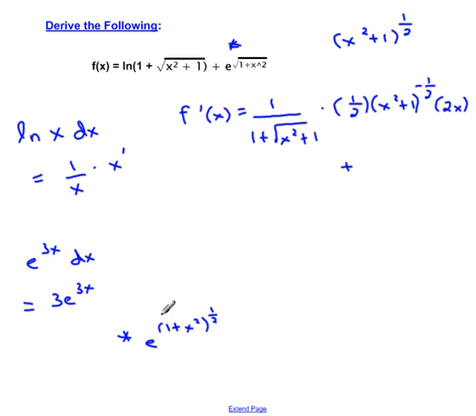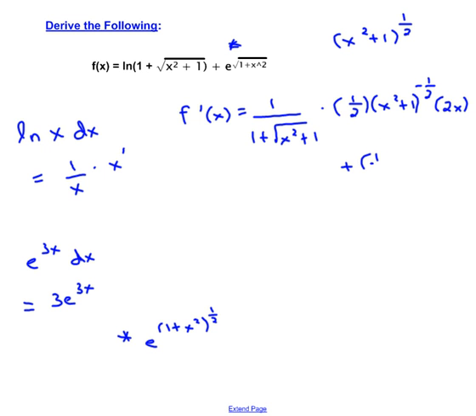Okay? So we can derive this part by bringing it down, e to that expression. So what is that going to be? Okay? So what we're going to do is essentially mimic this. So we'll have to pretend that this is down and derive it.